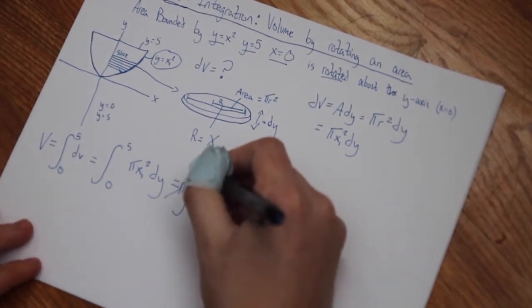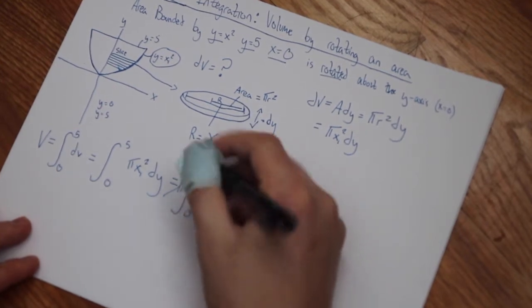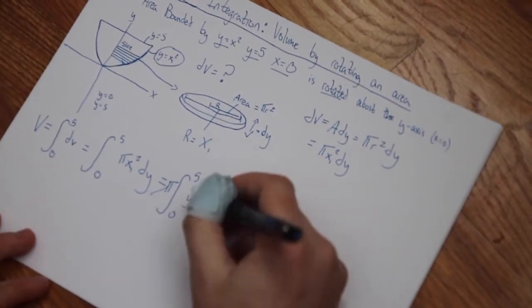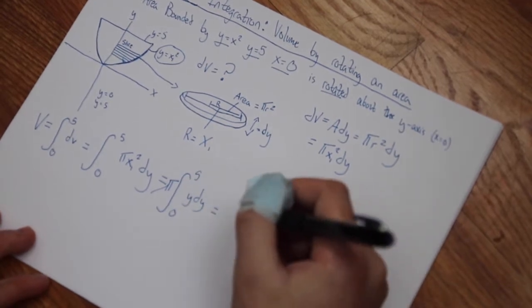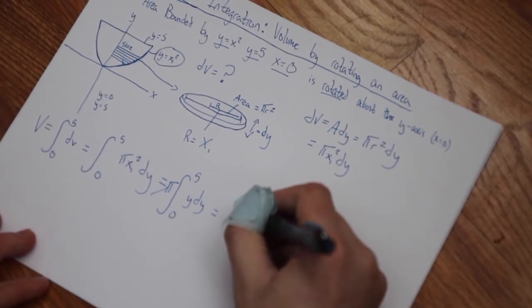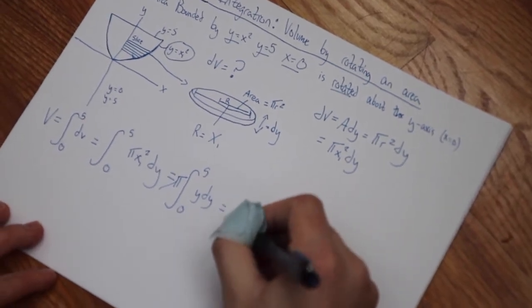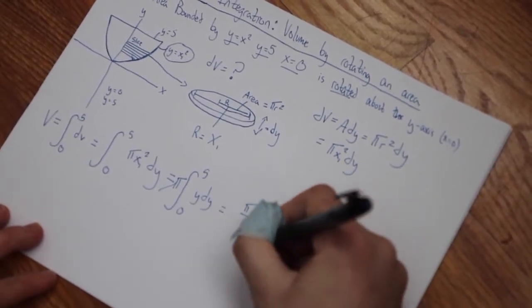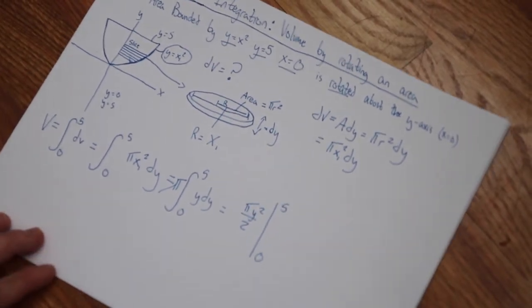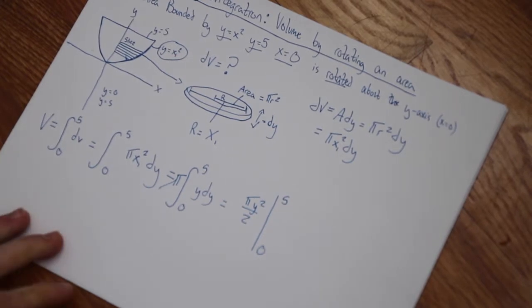So it's going to look like the integral from 0 to 5 times pi y dy. We next then have to put that into an equation that's going to be pi y squared over 2, the absolute value of 0 to 5.